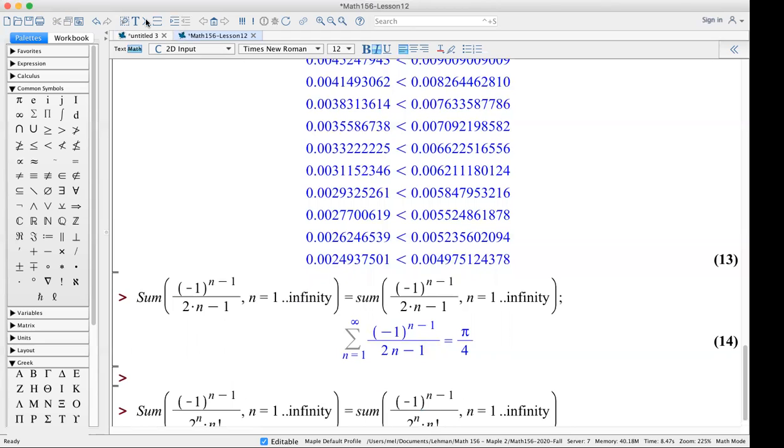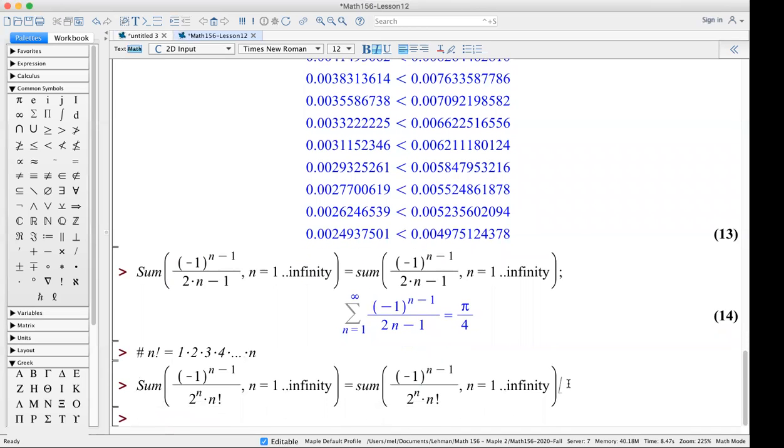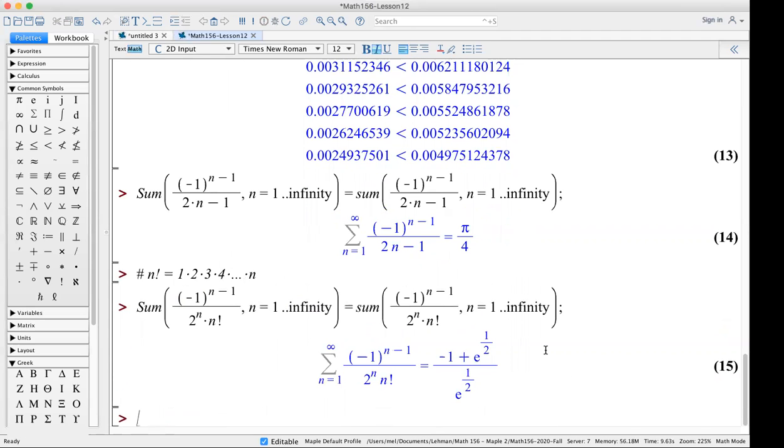I should remind you that n factorial is the product of the integers from 1 to n. That's what this is equal to.